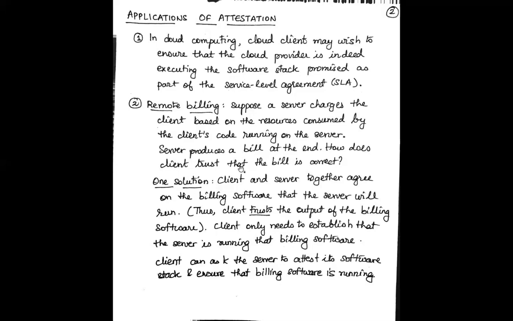Instead, here is a third solution that I'm going to offer, the one that's listed on the slide, that will be enabled by trusted computing. Suppose the client and the server together agree on the billing software that the server is going to use. The client has the chance to inspect the billing code.